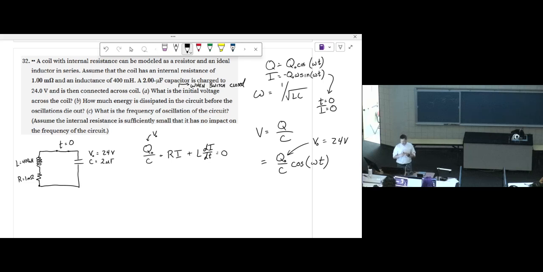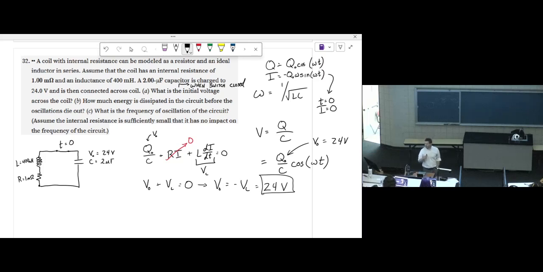So what is the voltage across the inductor? You could think of this as V naught is the voltage across the capacitor, plus at t equals 0, there is no voltage across the resistor, plus L di dt, that's going to be the voltage across the inductor, or that means that V naught is equal to minus VL. That means that there is 24 volts, and yes, I know there's a negative sign there, but generally we just think of the magnitude.